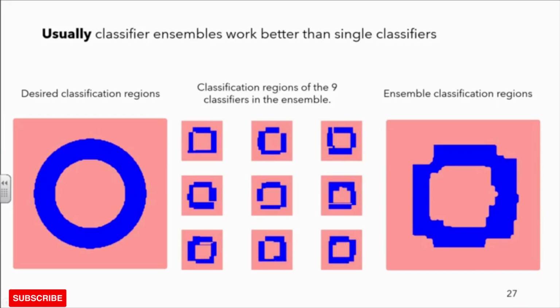Don't you say that 9 weak classifiers are stronger when they're put together? I'm sure we all agree that the picture on the right hand side is a lot closer to that one than any of these ones. So usually, I don't say always, but usually, classifier ensembles work better than single classifiers.